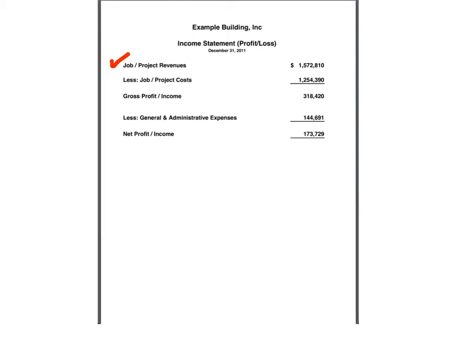I like to look at it in construction as job or project revenue, all the money that has been taken in a given period of time, less job or project cost equals gross profit or gross income. And then there's another item, G&A expense, which is the office overhead, the salaried people that can't be charged to projects like clerical and accounting people and things like that. Once that's taken away from the gross profit, you're left with net profit.